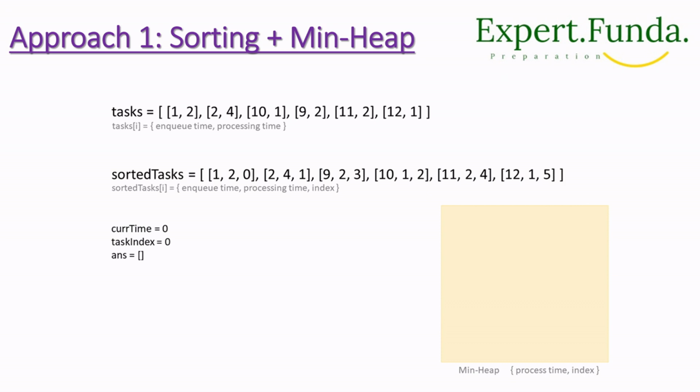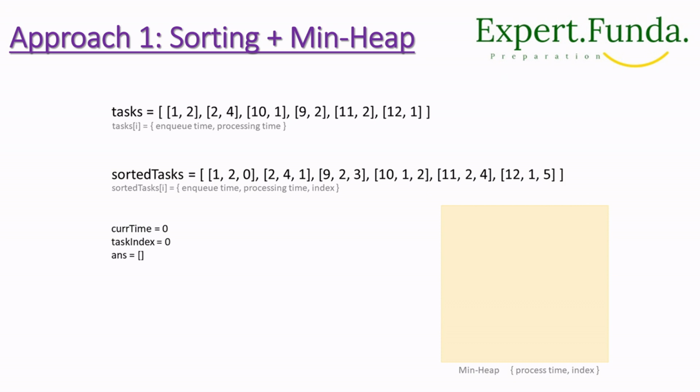So here the CPU can only pick a task for execution after it is enqueued, and thus we need to keep track of the current time to see which tasks are available for the CPU, and sort the tasks in increasing order of their enqueue time, right?